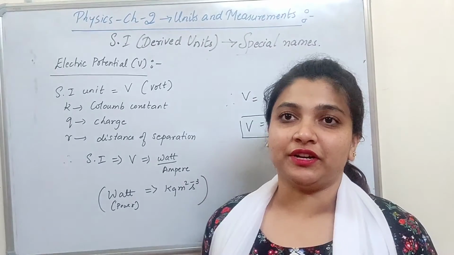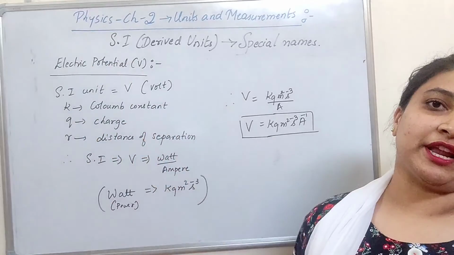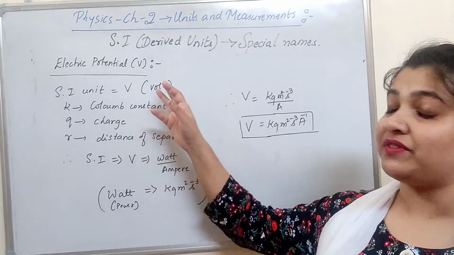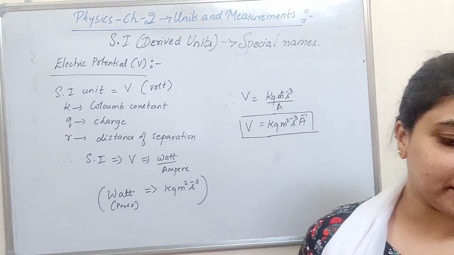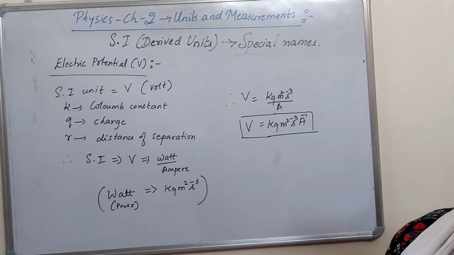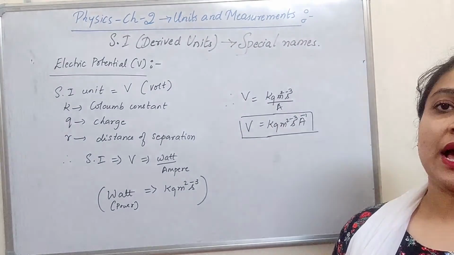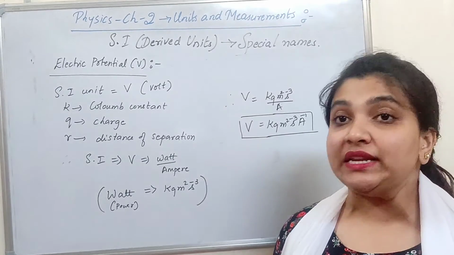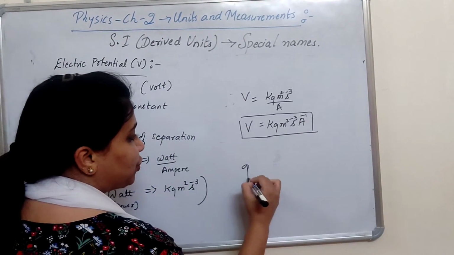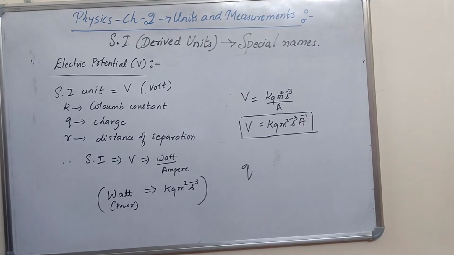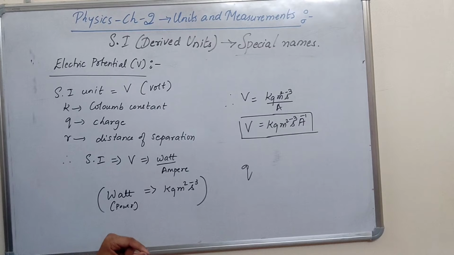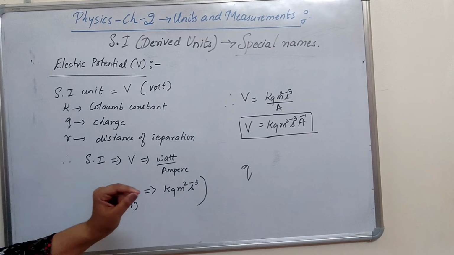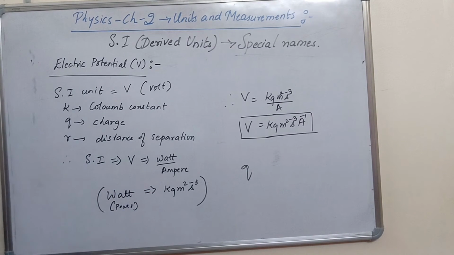Yes, children. Now we'll go ahead with electric potential. Electric potential is denoted by V. Electric potential or potential difference, right? So all this is nothing but one itself, potential difference or EMF, electromotive force. Now, what is electric potential? Amount of work energy needed. Suppose there's a charge Q, the amount of work energy needed to move a unit of electric charge from reference point to a specific point in an electric field.